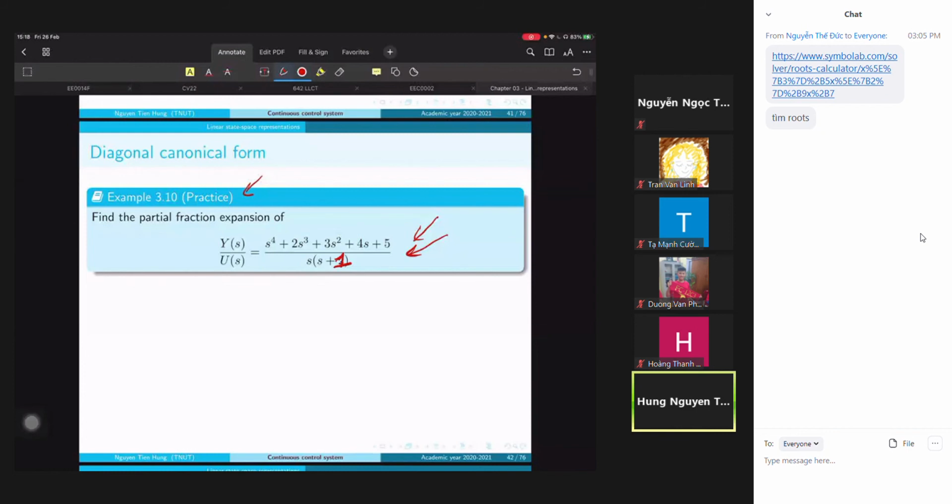Okay. I got the same answer, but the capital D here is equal to 1, right?